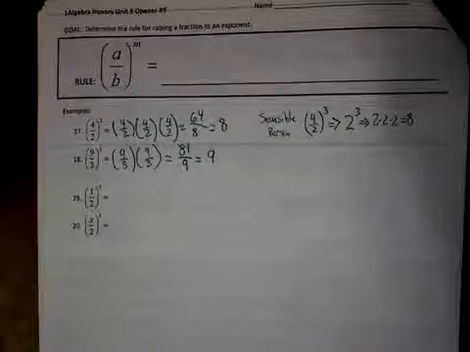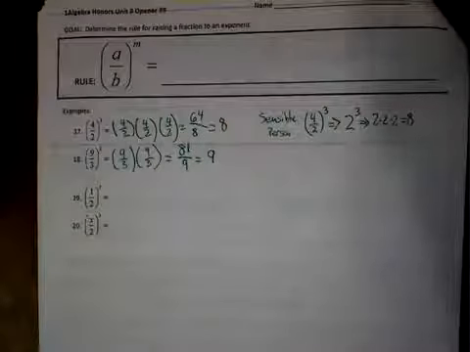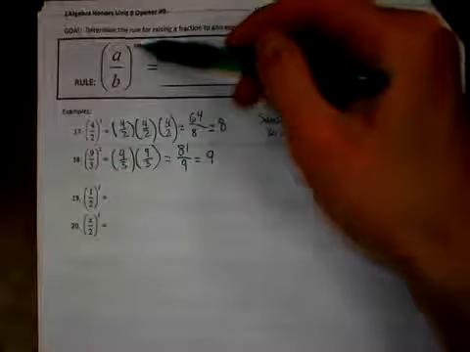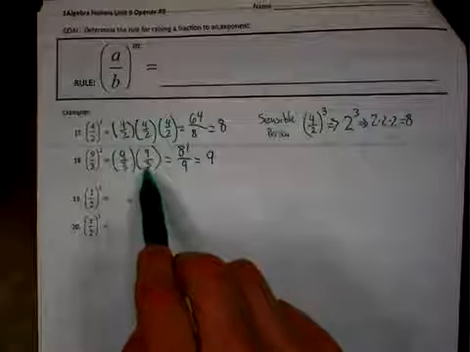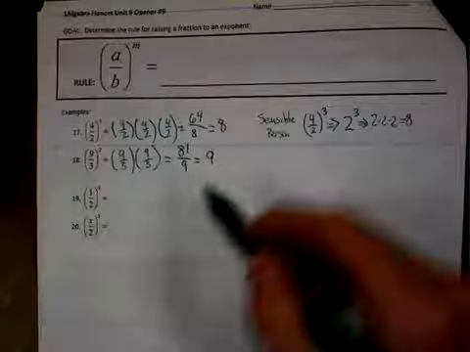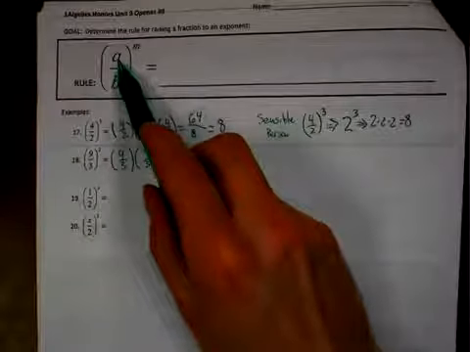Okay, well, if it hasn't become obvious yet, it seems to me that if we have something divided by something raised to a power, and we write it out the long way like we did in both of these problems, what you end up with in the numerator is just the numerator to that power.